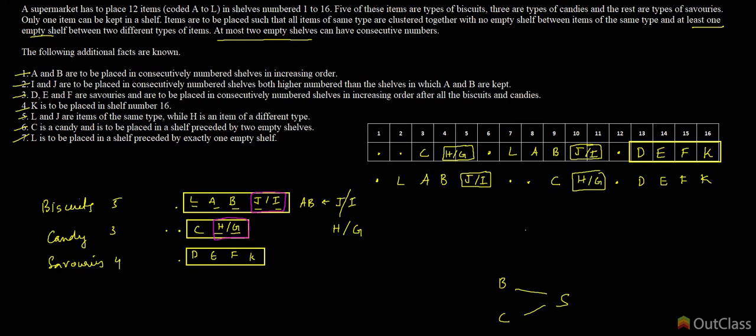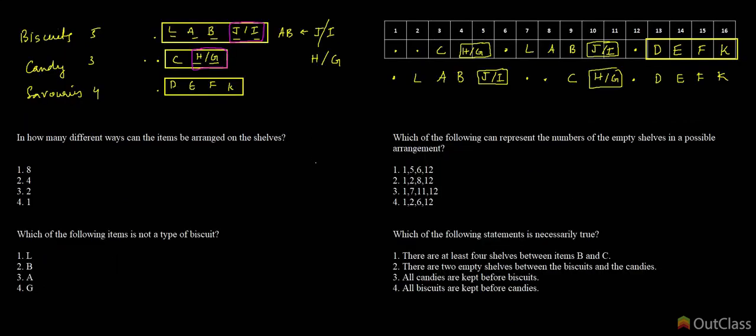Now we have to solve the sub questions based on the extra information in the sub questions. Let's look at it. The first question was, in how many different ways can the items be arranged in the shelves? There are already two arrangements with respect to which classes of items are going to be in which order. You can either have CBS as shown above or BCS as shown below.